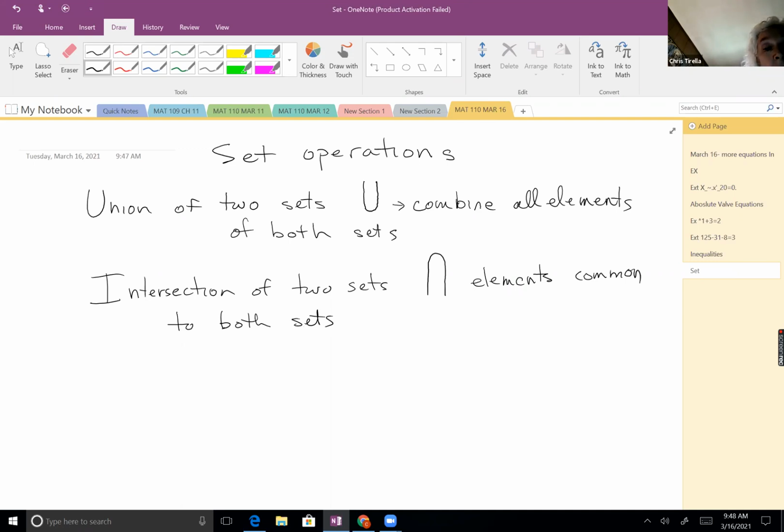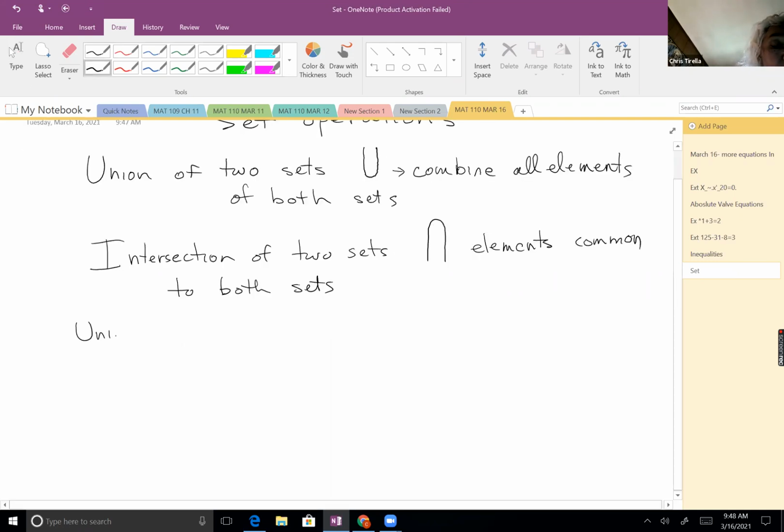And we talked about finding the union and intersection of intervals. Frequently, it's easiest to find the union and intersection of two intervals if we sketch the intervals on a number line.